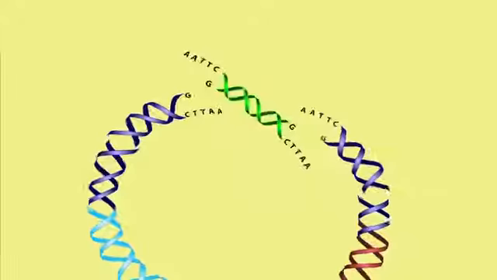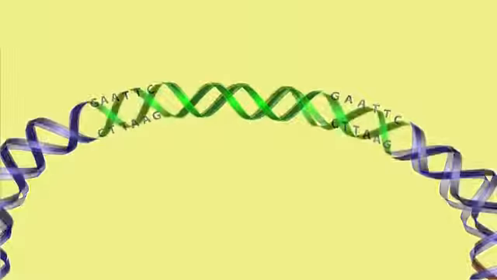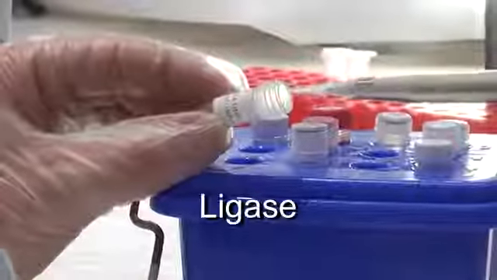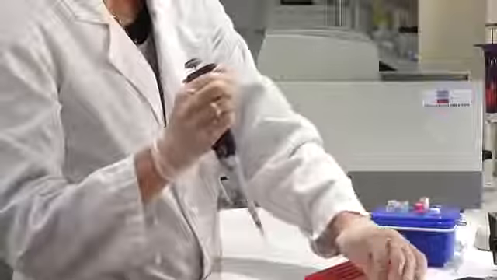Now our insert and plasmid join together via base pairing between the compatible overhanging ends. But that's a relatively weak force. We need to make a strong phosphodiester bond. And that's catalysed by this enzyme, ligase. And now we just leave the reaction overnight and let ligase do its thing.